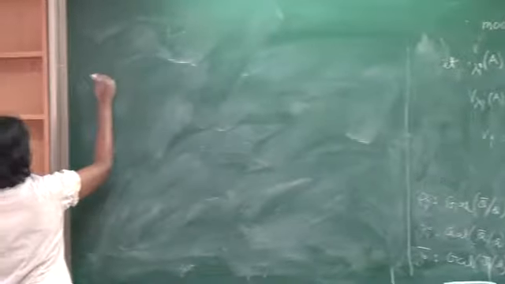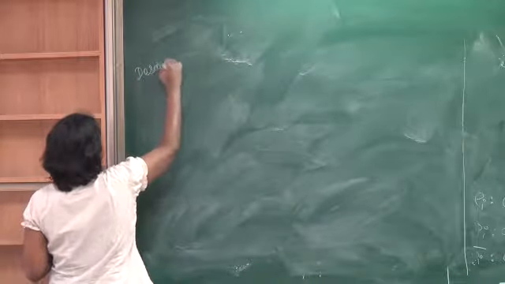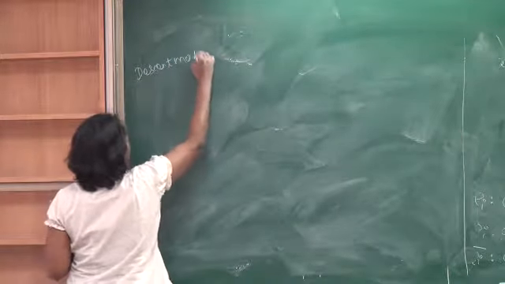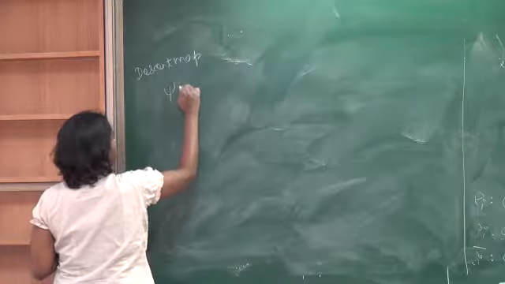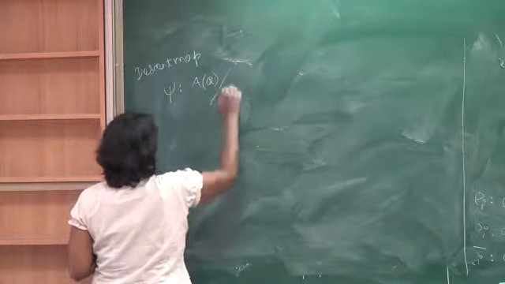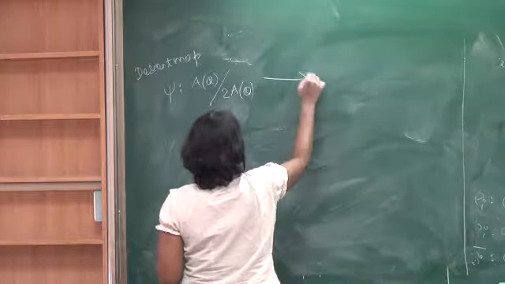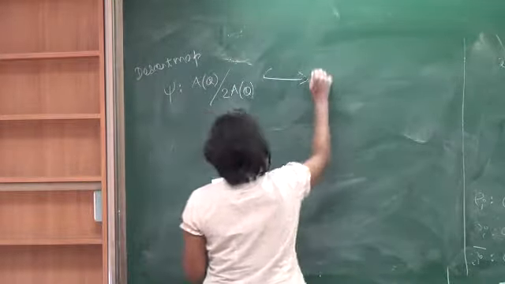And we have the descent map psi, which is injective.